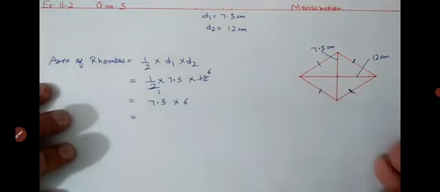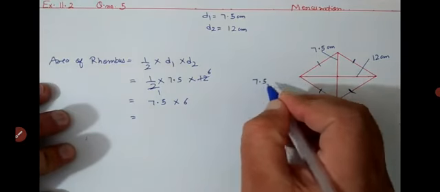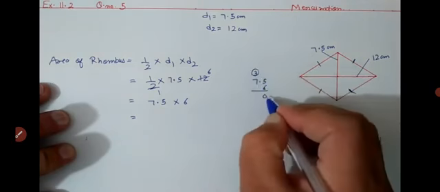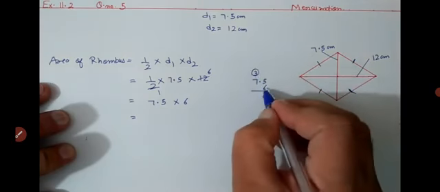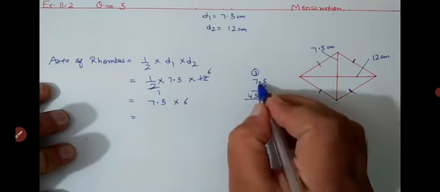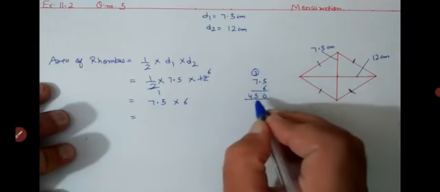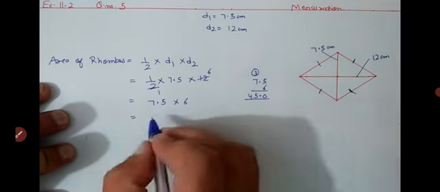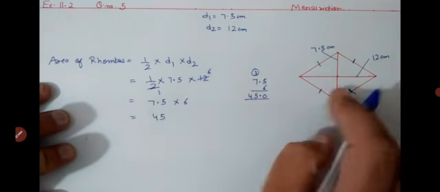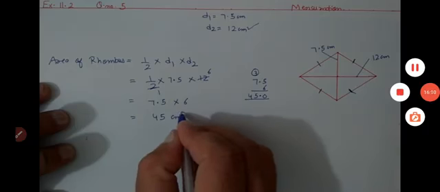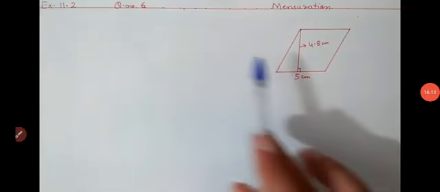So what you can get? 6 5s are 30, 6 7s are 42, 42 plus 3, 45. So you get 450, and the decimal from 1 place from the right side. Okay, so 45 is your answer, 45 centimeter square.